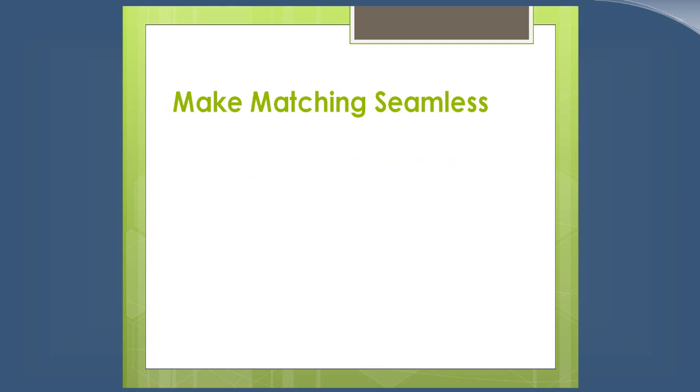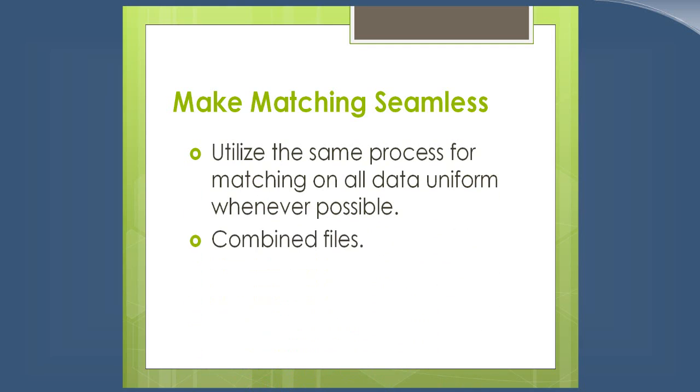The next thing is make matching seamless. I know we've talked a lot about DC with SNAP, but if you are matching with or have access to, say, foster care files, which we have seen in an increasing rate, the best thing to do with that is to utilize a seamless system so that whether you're doing a state match or you're doing a local match, all the information is on the same file and they're not required to run multiple matches or download multiple files.